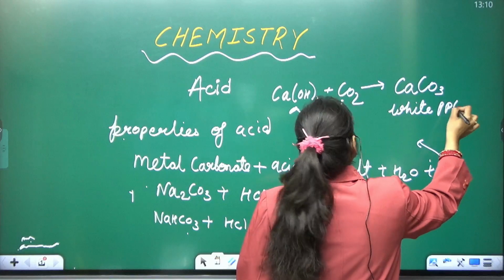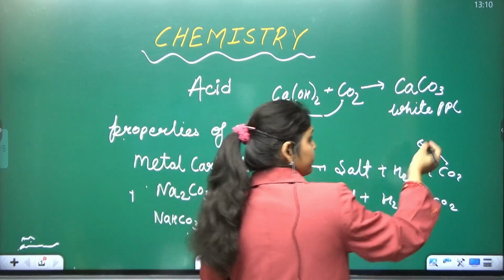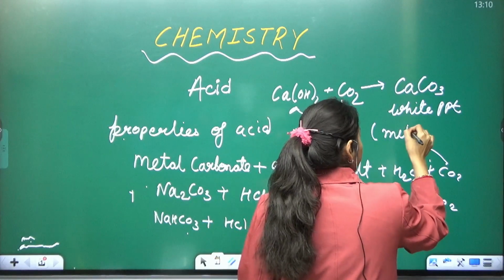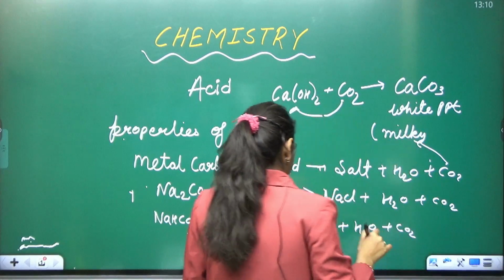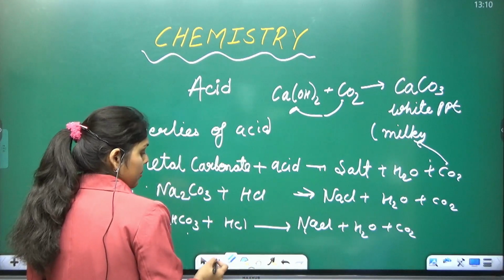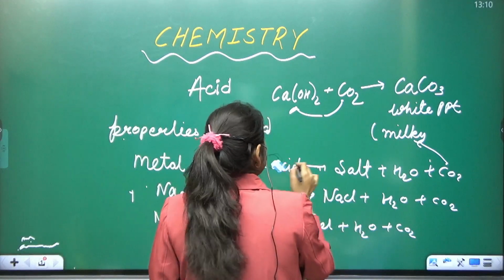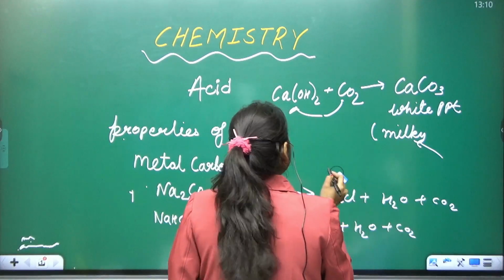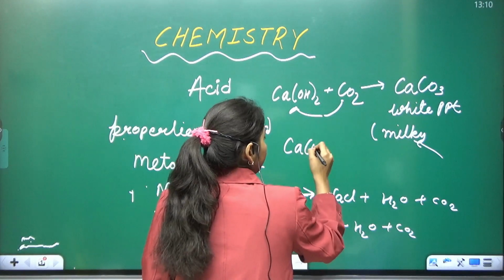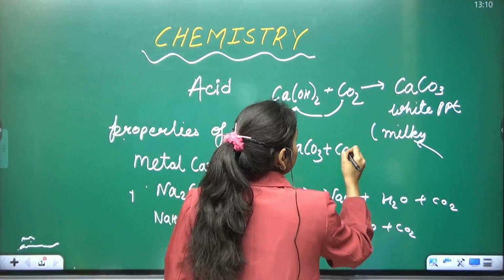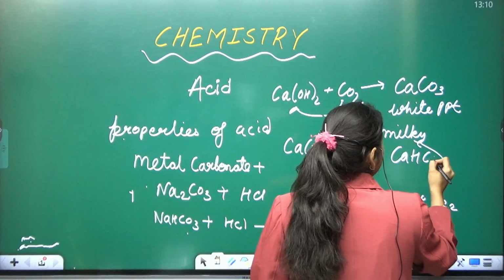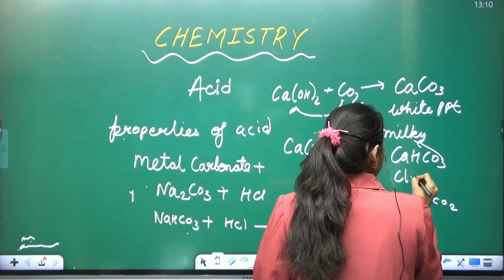So they convert lime water to milky. Now, if you add excess carbon dioxide to this, the solution will again become colorless. Like if you add CaCO3 and excess CO2, they form calcium hydrogen carbonate, which is again a clear solution.